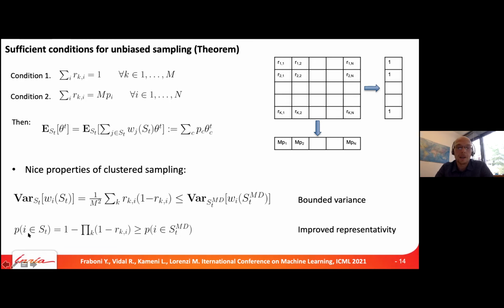And the representativity of the client, so the probability of a client being selected at that round, where S_t is the set of clients which are selected at that optimization round in federated learning, is bounded below by that of the original multinomial scheme. So we can improve the representativity of the clients with this sampling scheme.